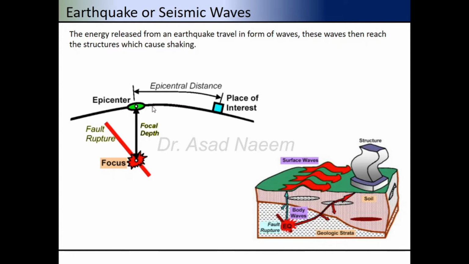Epicentral distance is the distance from the epicenter to the place of our interest, like a city or any urban place near the epicenter. The distance from the epicenter to the focus is called the focal depth.